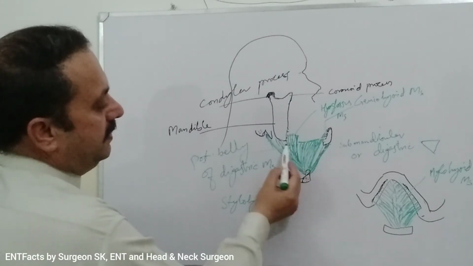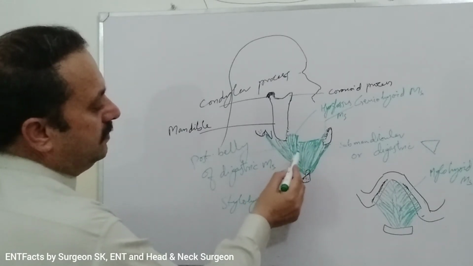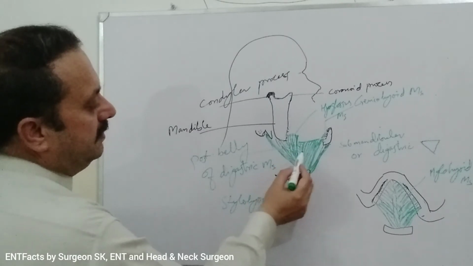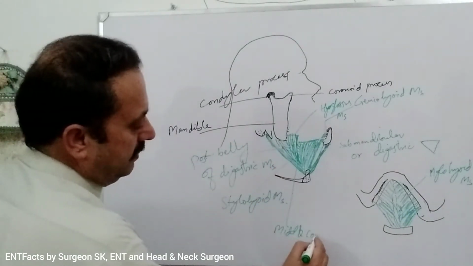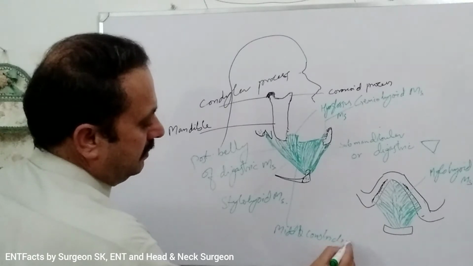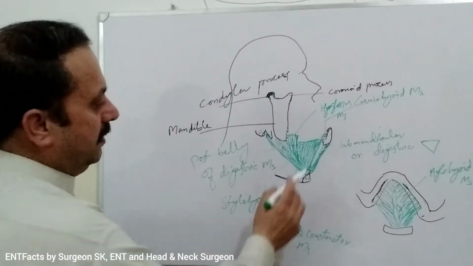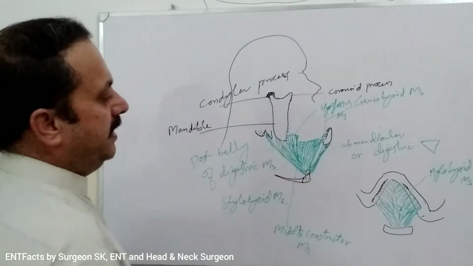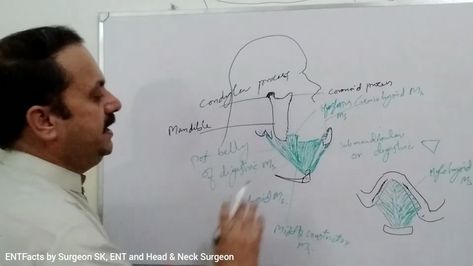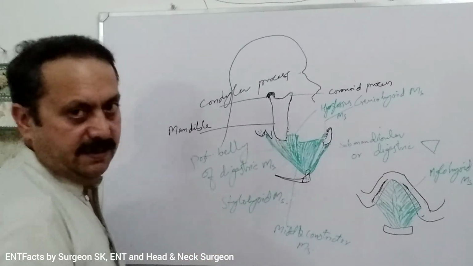While a few fibers of the middle constrictor muscle of the pharynx also come here. Now the floor of this triangle is almost completely occupied by these muscles.